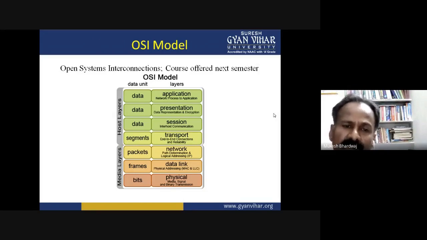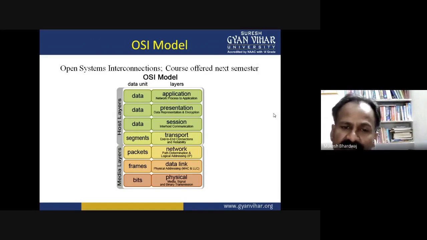This is a 7-layer protocol. The first four layers are known as host layers, and the last three layers are known as media layers. At the application layer, data is processed and synthesized.